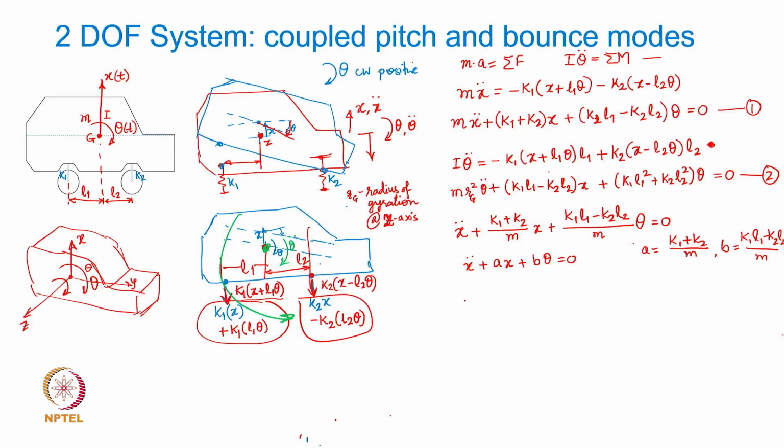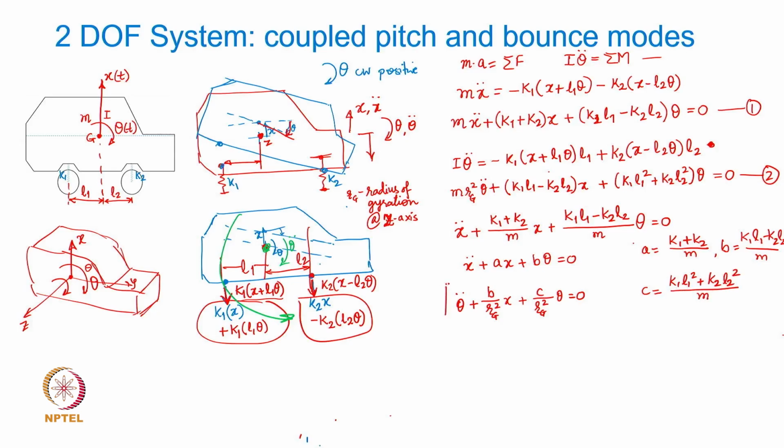And then the second equation, it so turns out that it is going to be like theta double dot plus, I would write this as b over Rg square, you can figure that out yourself, into x plus c by Rg square theta equal to 0, where now I will write c to be (k1 L1 square plus k2 L2 square) over m.